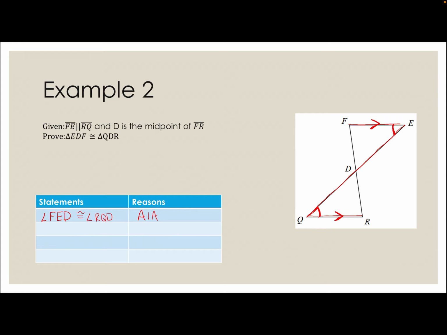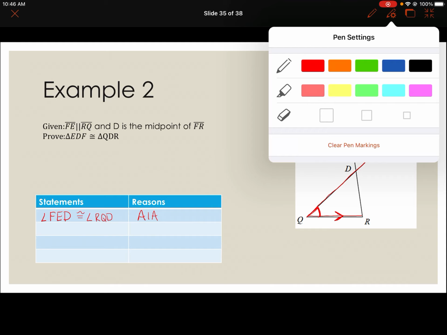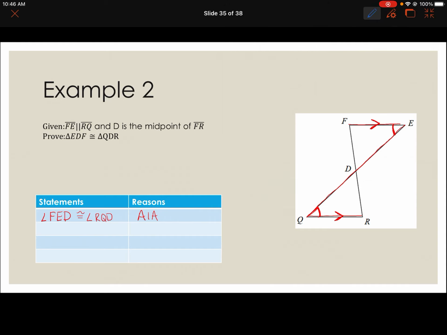Next, so we're trying to do an angle side angle proof, right? So next we can actually make another pair of congruent angles. Since FE is parallel to QR, we also can make a connection using FE, FR, and QR. And I'm sorry, we have D is the midpoint of FR.